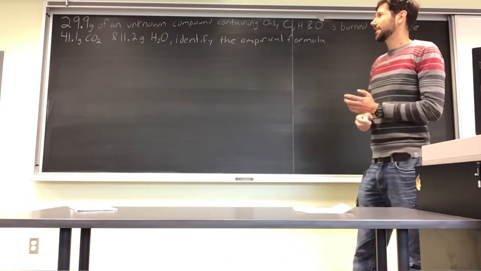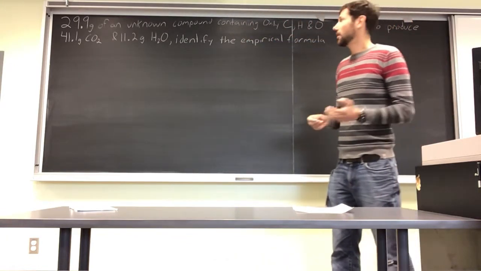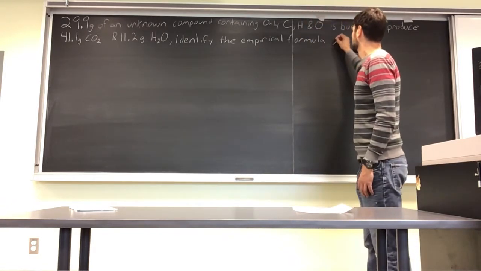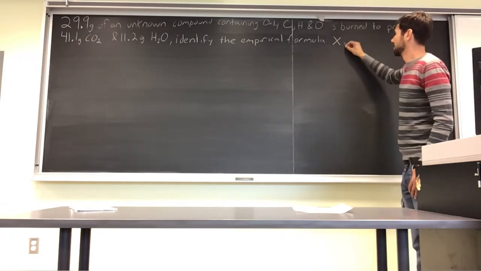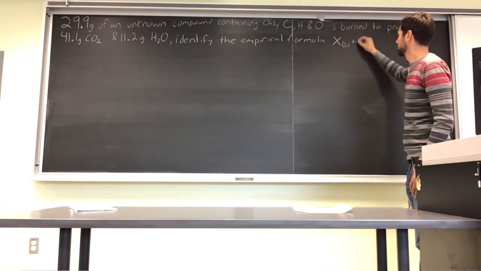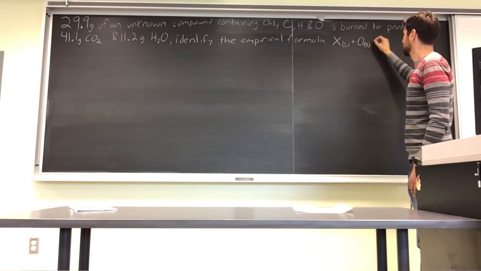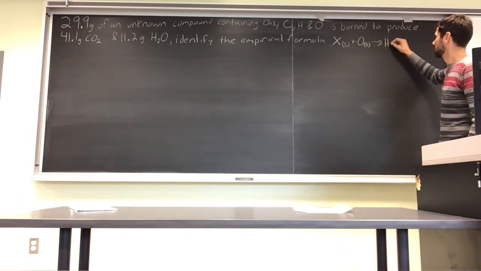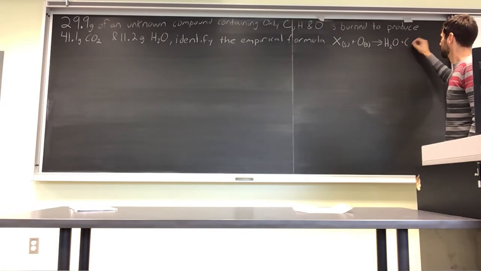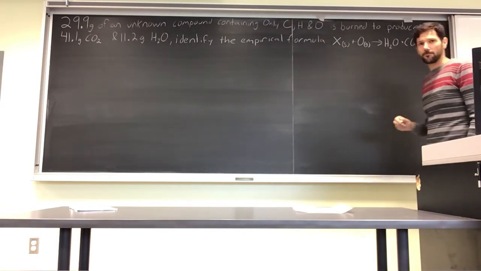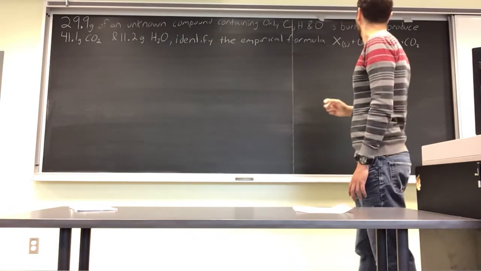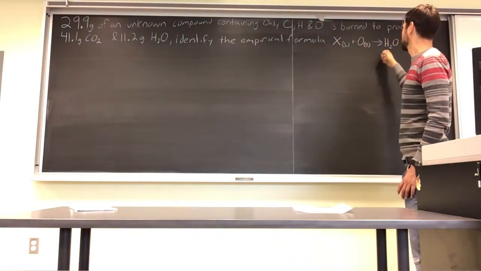So to start off with, let's just consider what's happening here. Our unknown compound, which I'll title X, is burned in oxygen to produce water and carbon dioxide. So in this reaction, we know where the hydrogens come from.